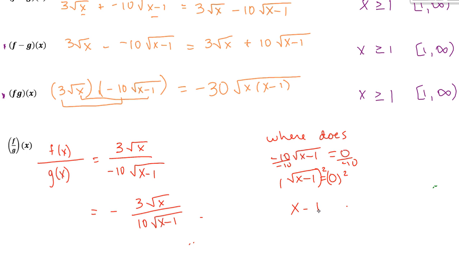This is silly because you probably look at it and go, duh, it's just 1. X equals 1. So x cannot equal 1, which means the domain for this guy, instead of being x greater than or equal to 1, we just leave the or equal to off. And it looks like that.